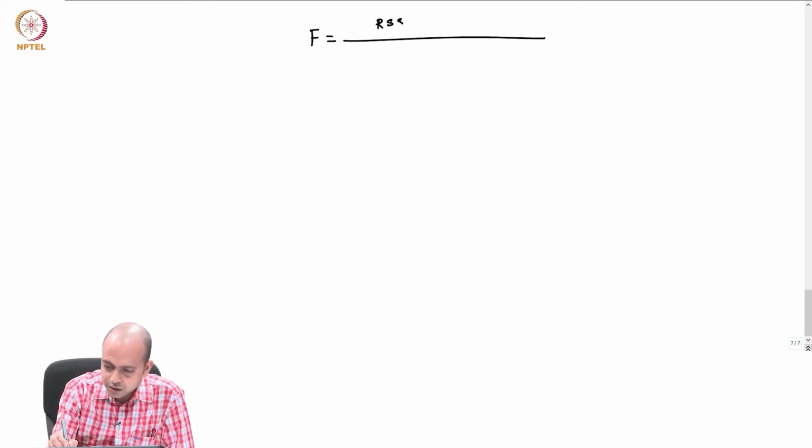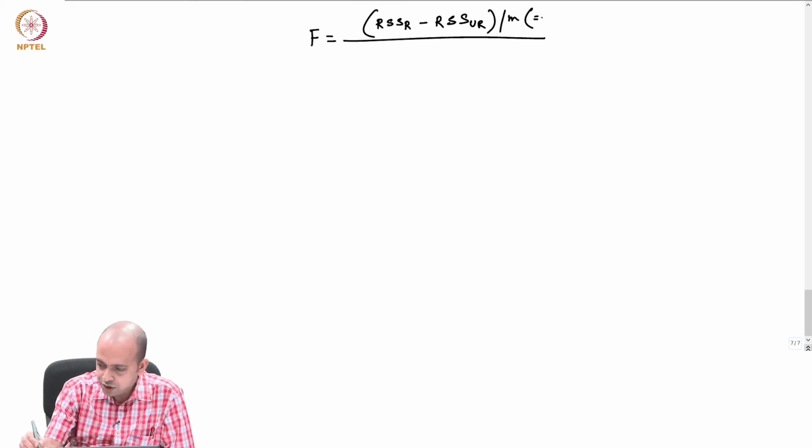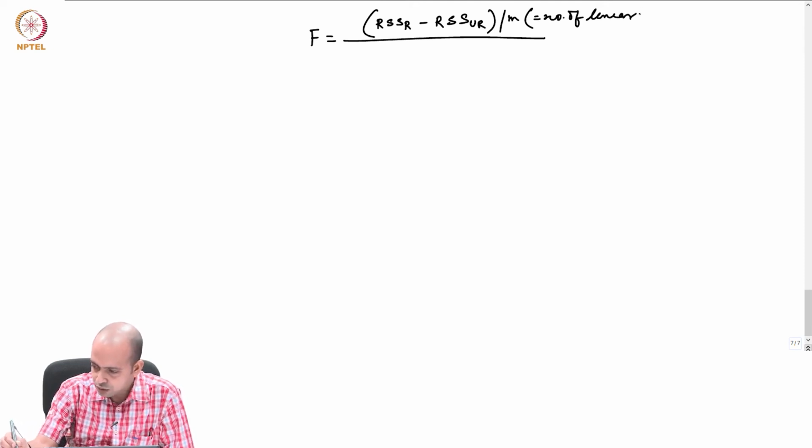RSS R minus RSS UR divided by M, where M is number of linear restriction. What is the number of linear restriction here?